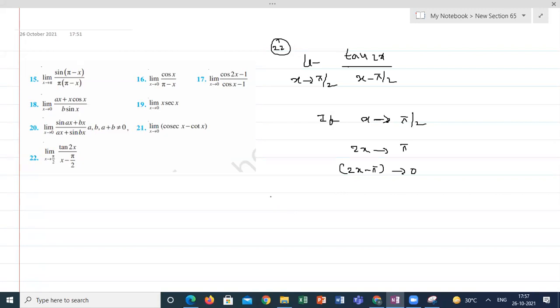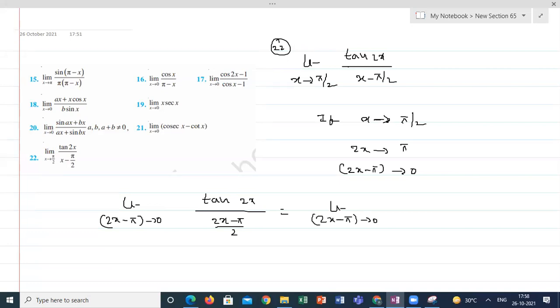So limit, 2x minus pi tends to 0. The numerator is tan 2x divided by, if I take the LCM, (2x minus pi) by 2. This can be written as limit 2x minus pi tends to 0, 2 times tan 2x by (2x minus pi).